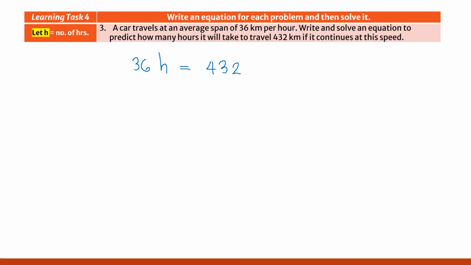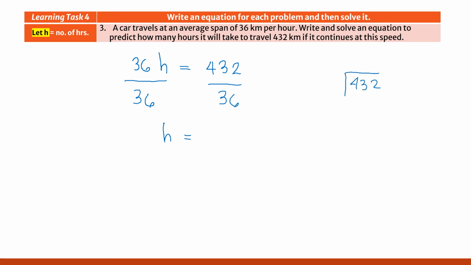36h equals 432. And to solve the number of hours needed, we apply the division property of equality. So divide the equation by 36. And to get the number of hours needed, meron tayong 432 divided by 36. So what is 432 divided by 36?